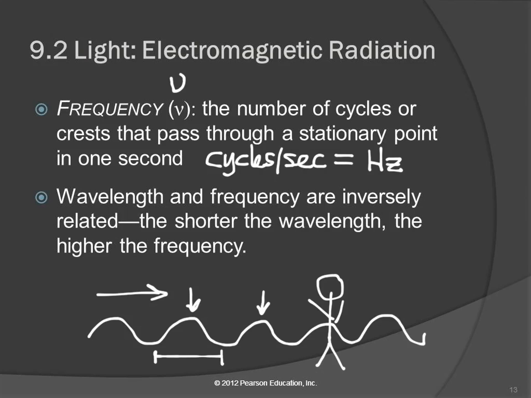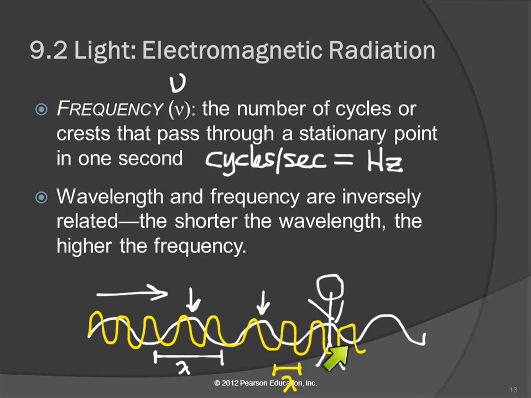There's the wavelength. Let me draw a different wave. And there's the wavelength for that one. Which one has the shorter wavelength? The yellow one or the white one? The yellow one has the short wavelength.